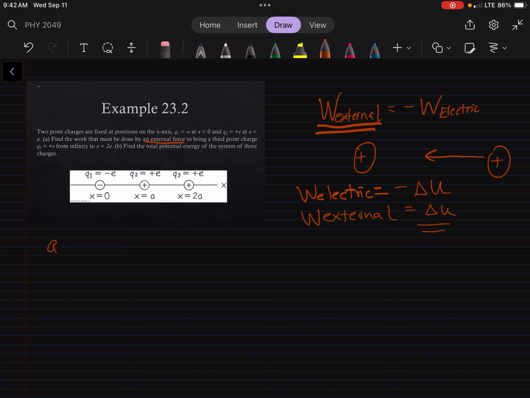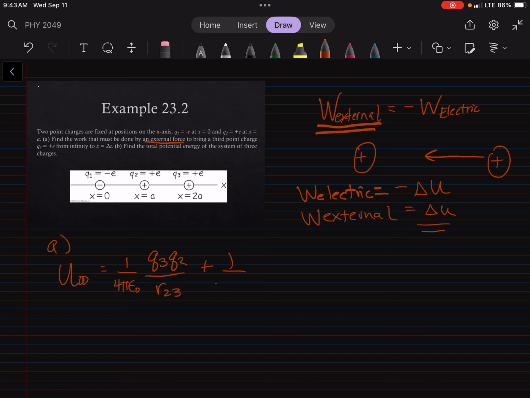So the first thing we're going to do is, what is the total potential energy of Q3 when it's at position infinity? Okay, so we can kind of just say it's 0 because he's not feeling the force. But if you're not so sure about that, we can go to the equation, right? So this is going to be Q3 times Q2 over the distance between Q2 and Q3, right?